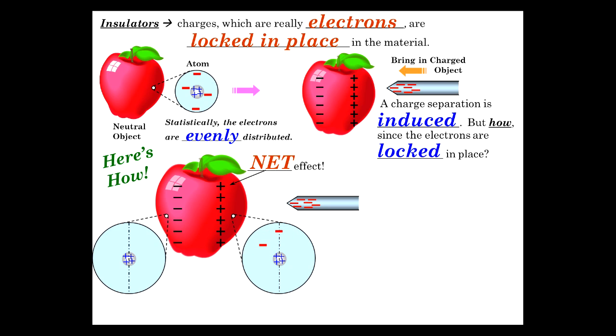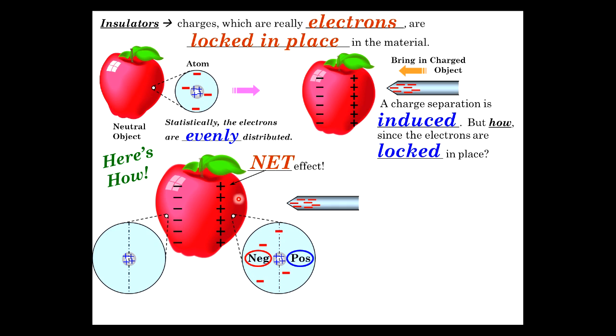And so what we see is, because of the rod's charge, it puts a pressure or force on the electron cloud. And what it causes the electron cloud to do is basically shift the electron positions over to the left. So statistically, they're more often going to be on the left side than the right side, which results, for an individual atom, in charge asymmetry, namely positive on the right, negative on the left.